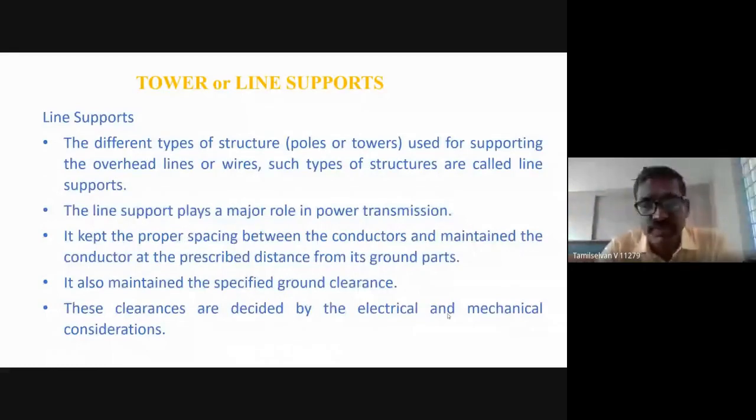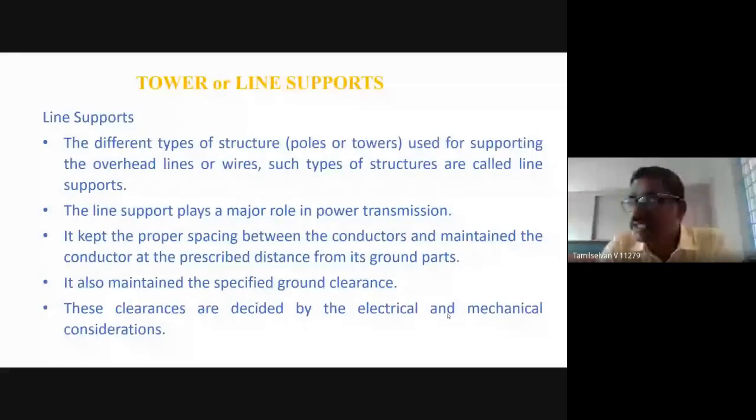Between the conductors there should be sufficient space, and sufficient ground clearance should be maintained. Otherwise there will be interference, and this clearance is decided on electrical and mechanical considerations, both.